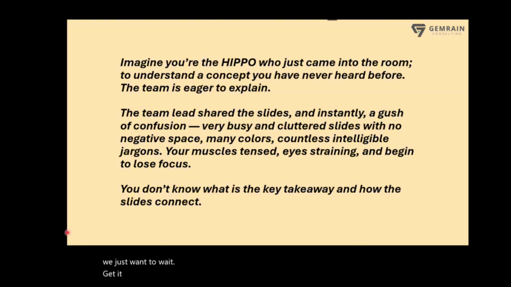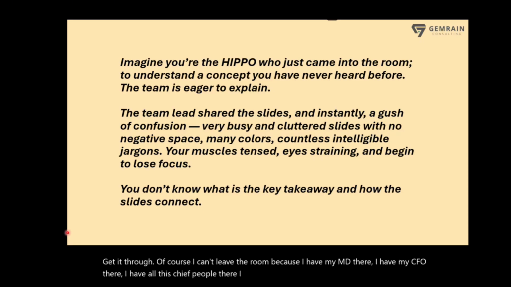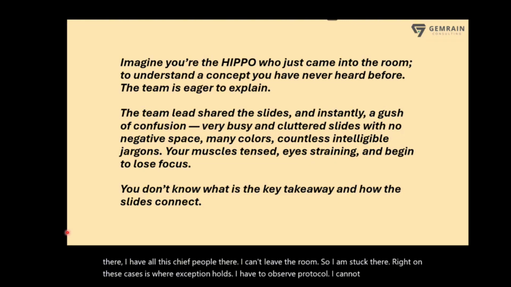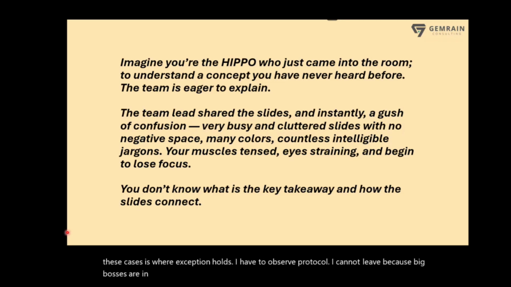Of course, I can't leave the room because I have my MD there, I have my CFO there, I have all the chief people there. I can't leave the room. So I am stuck there. Right. In these cases, this is where the exception holds. I have to observe protocol. I cannot leave because big bosses are in the room.